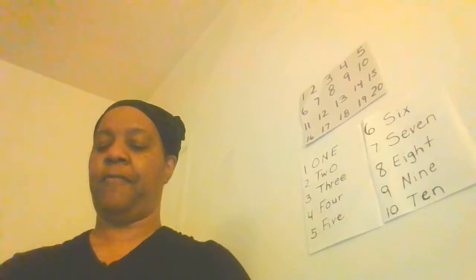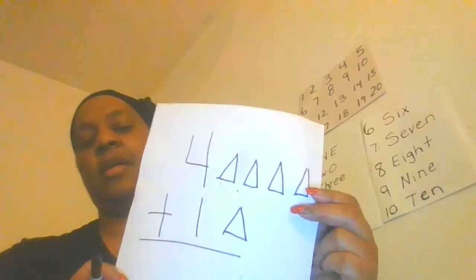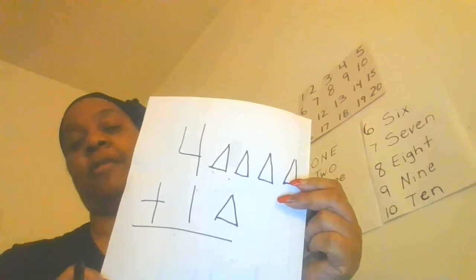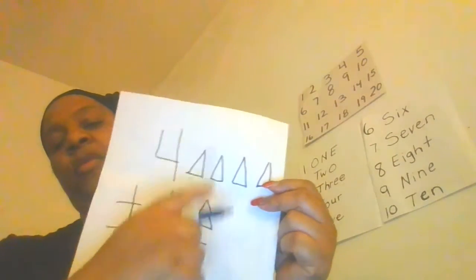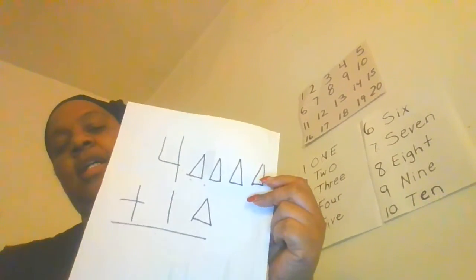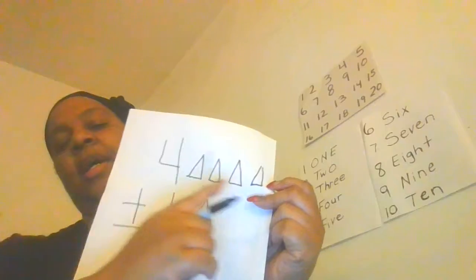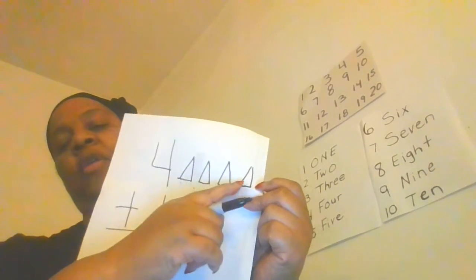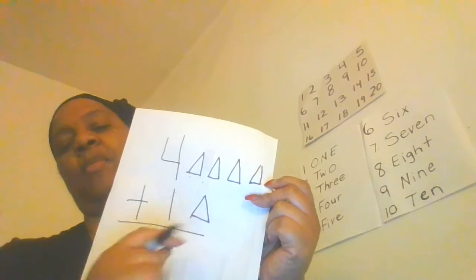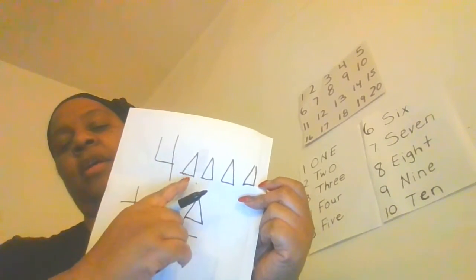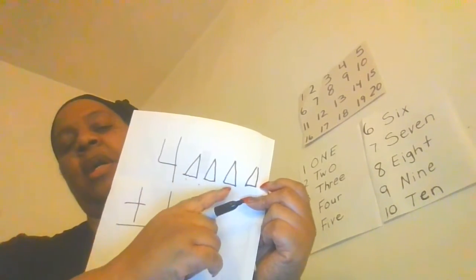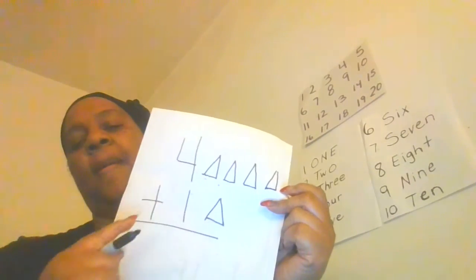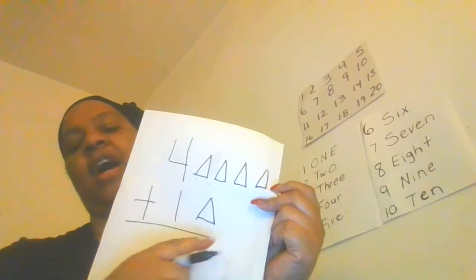So I made 4 triangles plus 1 more triangle. So I have 2 groups, and you'll hear more about groups later on. I have a group of 4, and I have 1 by itself. So we're going to add the group of 4, and we're going to add 1 more. So we go 1, 2, 3, 4, plus 1 is 5.